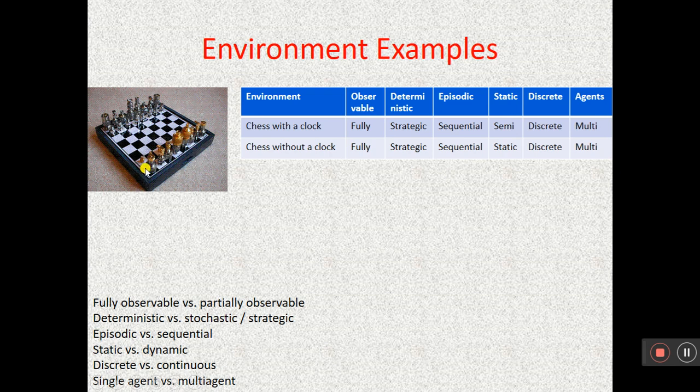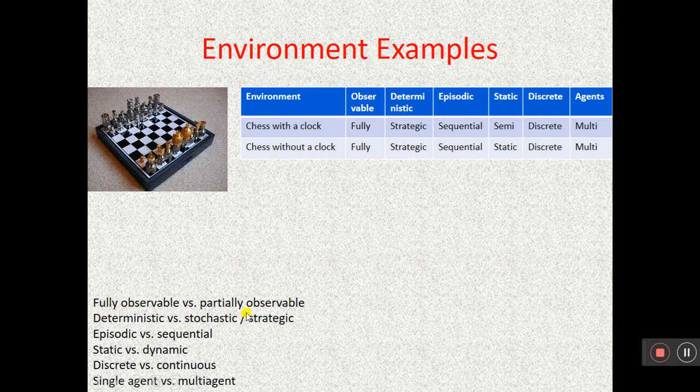Discrete environment means whether you have 0 or you have 1, or you have different, equal, I must say, different steps that you have to move on. And in this example you can see that there are different movable steps. How many agents are working in this environment? There are multi agents. All these are agents that will move around in the chess.